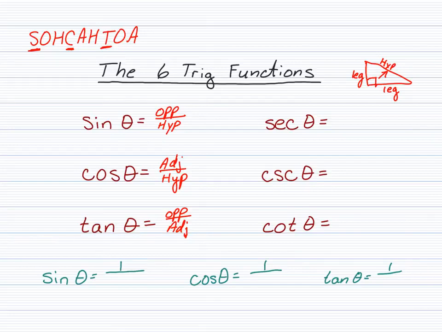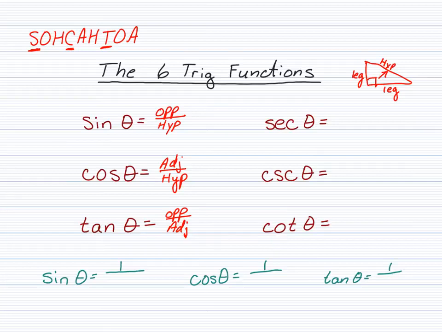Now, we are going to be bringing in three more trig functions. The first one is going to be secant. SEC is the abbreviation for secant. CSC is the abbreviation for cosecant. And then COT is the abbreviation for cotangent.